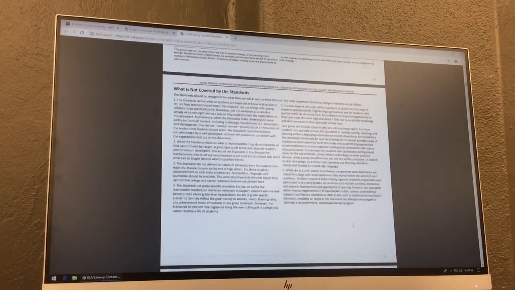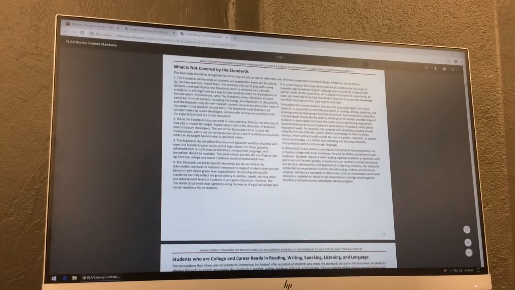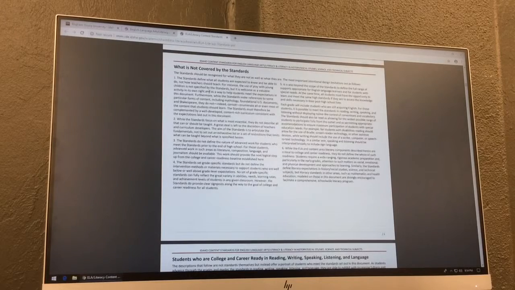Scrolling down. Here are some things that are not covered by the standards. Number 1, the standards define what all students are expected to know and be able to do, not how teachers should teach. So basically, the standards tell teachers what they should be helping students learn, but they don't tell the teachers how to do it.